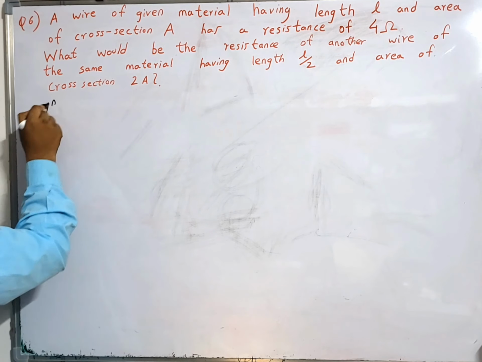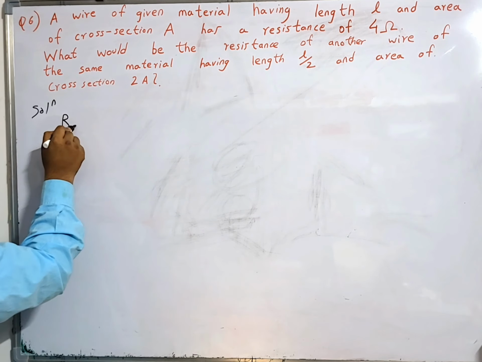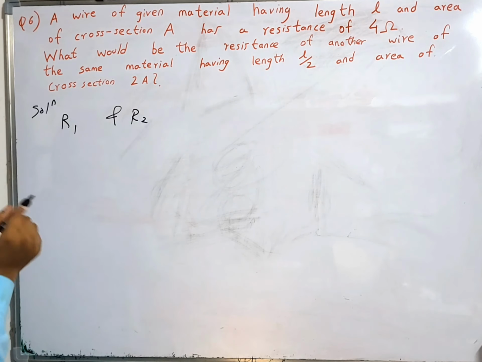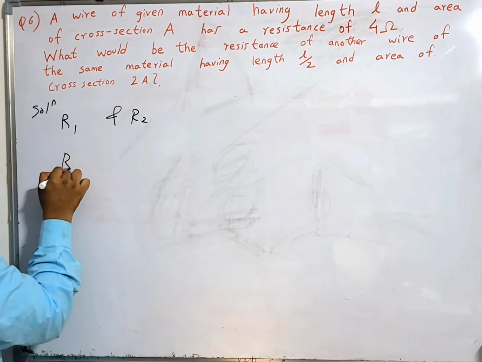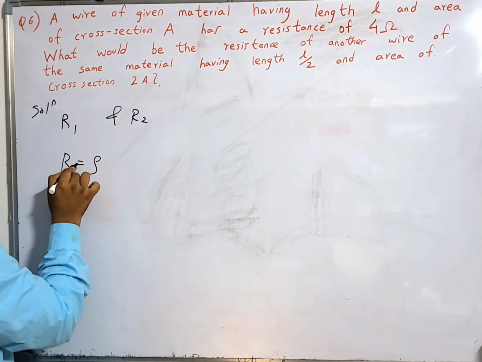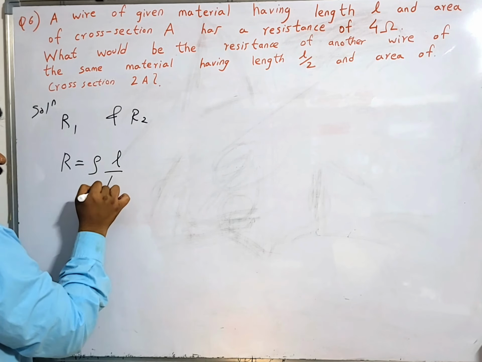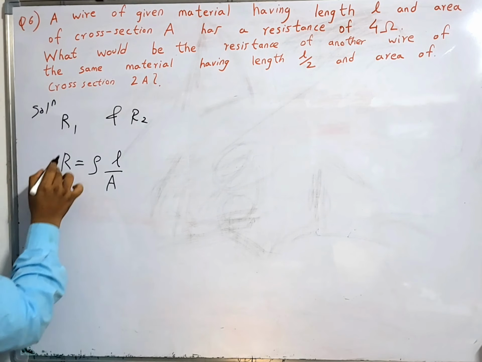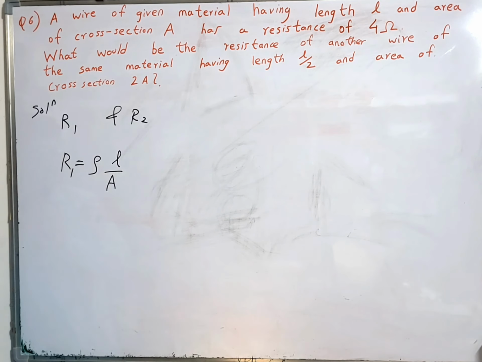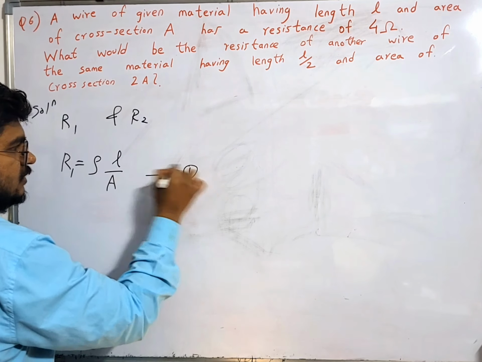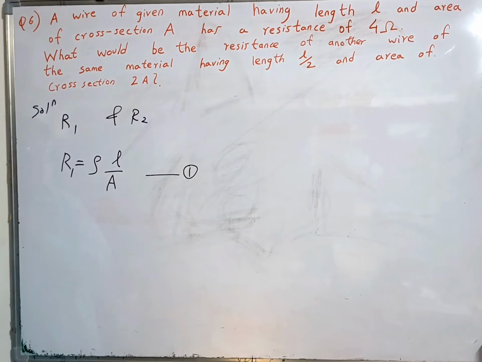So let first resistance be R1 and another resistance be R2. Now you know by the formula R is equal to rho, which is resistivity, L upon A. You know this formula. Now let's say this is for R1. Let this be equation 1.